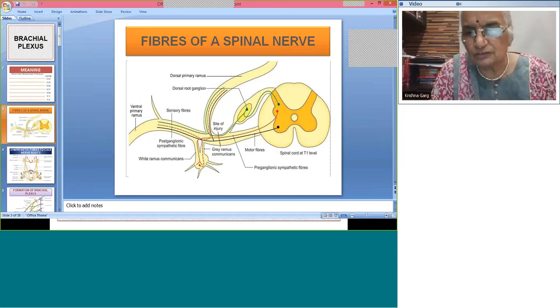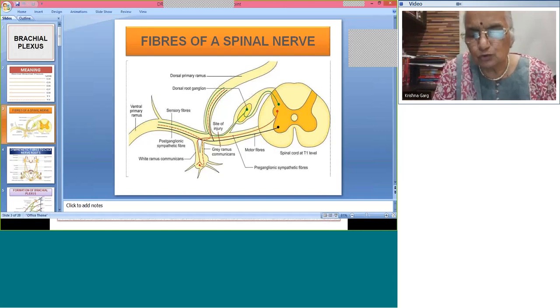In T1 to L2 segments of the spinal cord, there is an additional lateral horn which is known as the thoracolumbar outflow and gives sympathetic fibers to these nerve roots. In this particular diagram, these fibers are shown by red color.